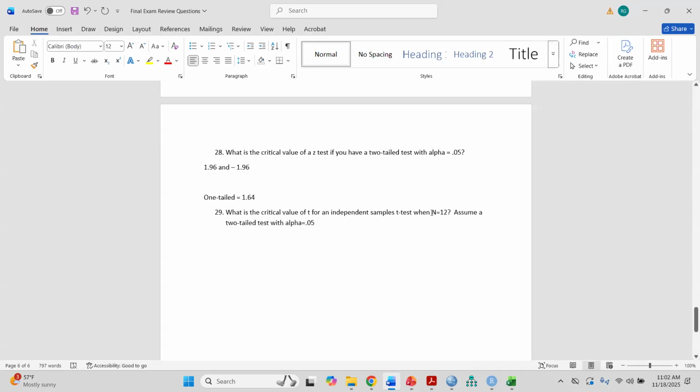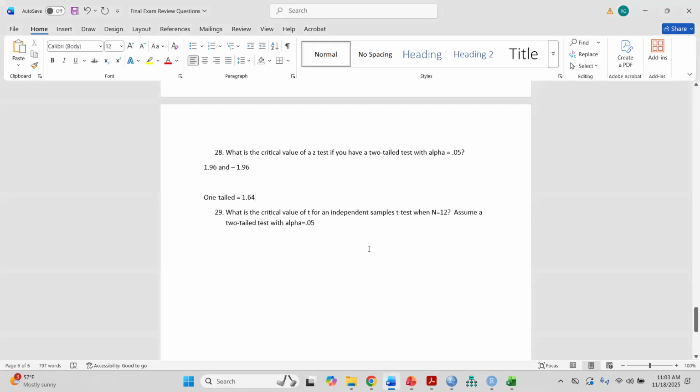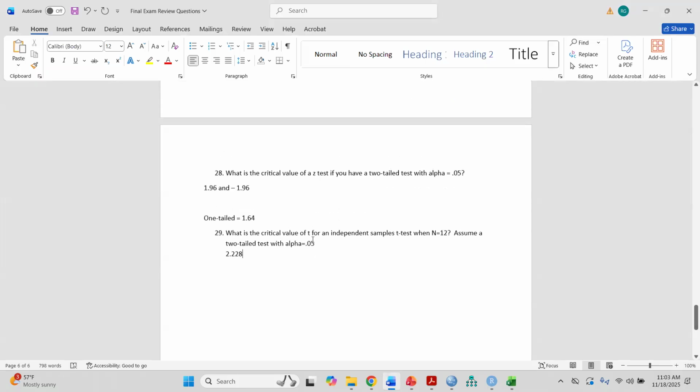So n minus 2, we got 12 people, that's going to be degrees of freedom of 10. And we're talking about a two-tailed test, alpha is 0.05. So we go to the t-table, degrees of freedom is 10, two-tailed test, alpha is 0.05: 2.228. Right? Okay, very nice.